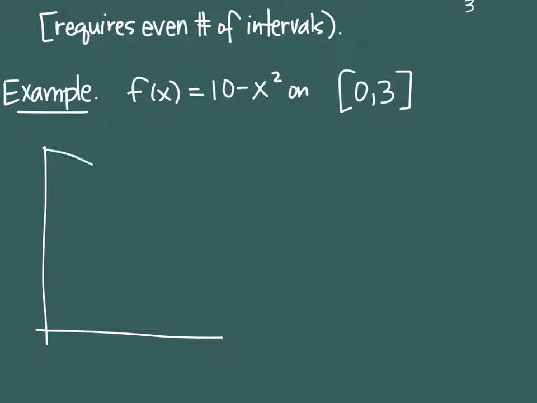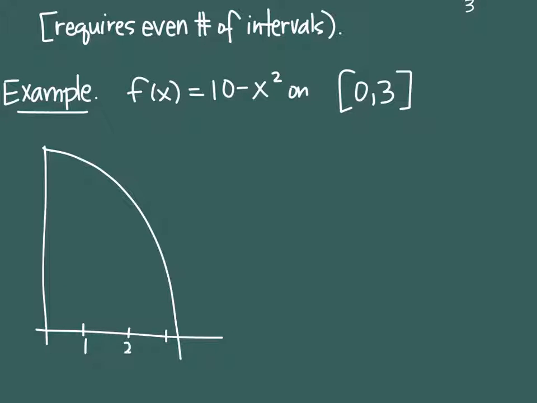So I'll see if I can draw this a little better this time. Normally we were splitting it up into 1, 2, 3. How many subintervals would we need to make this a nice number of subintervals but still have it be even? 6 of them, okay, to have 6 subintervals instead of just having 3.